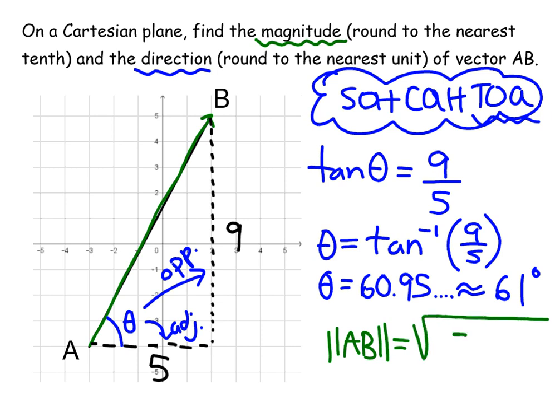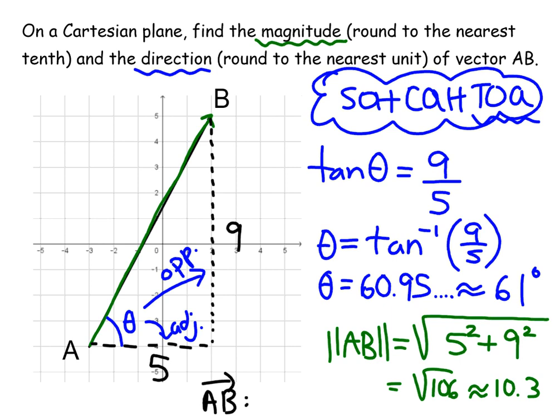So square root of 5 squared plus 9 squared, which is equal to square root of 106, which is about 10.3. So when you write your final answer, you can write AB is defined by 10.3 units at 61 degrees.